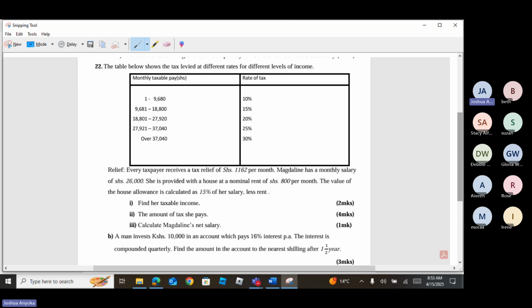Everyone work on their own. Get taxable income for this employee.